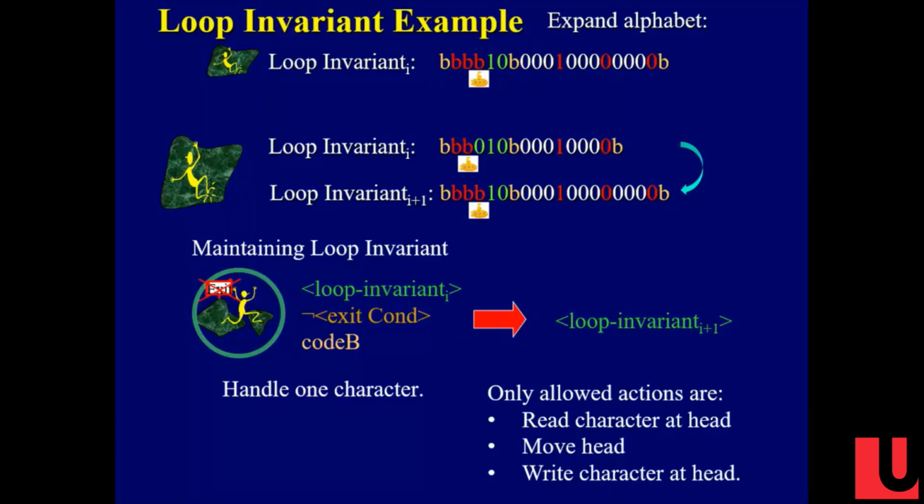Well, we decided to put the head at the last B, just before the first character, the B before the character we want to read. That's where we decided to put it. And then what did we also remember? That the remaining inputs are there in green up to a B, and then we have the output. That's the loop invariant.